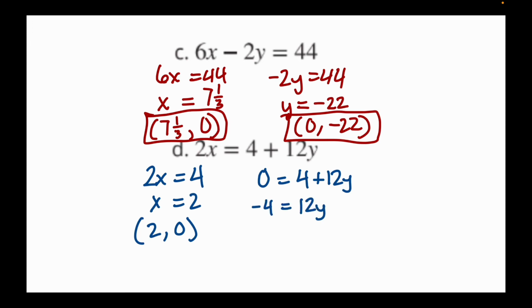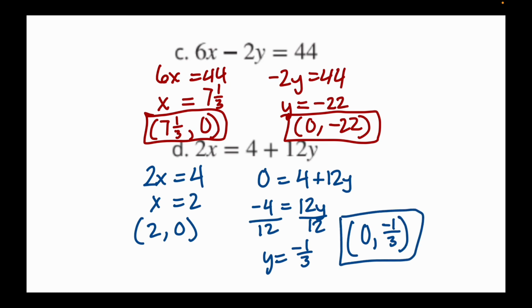Divide everything here by 12. 4 divided by 12 is going to give you 1/3, but it's going to be negative, so y is going to be negative 1/3. So we would have 0, comma negative 1/3. And that's how we would find all of these intercepts.